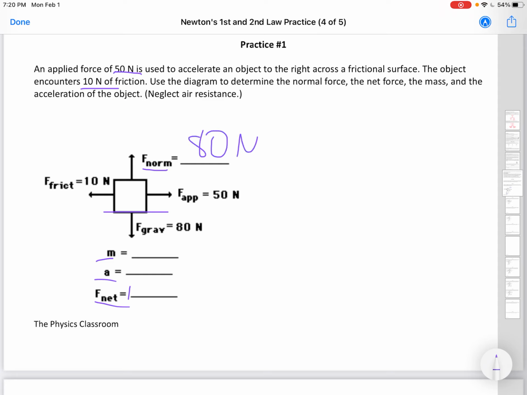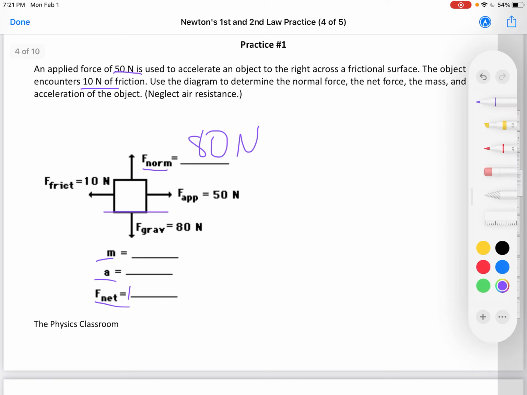Sorry, I don't have my pen today, so please bear with me. And it's going to be equal to the force of gravity that's being put upon the surface, okay? So now we know our normal force, we know our force of gravity, we have friction, we have applied force.